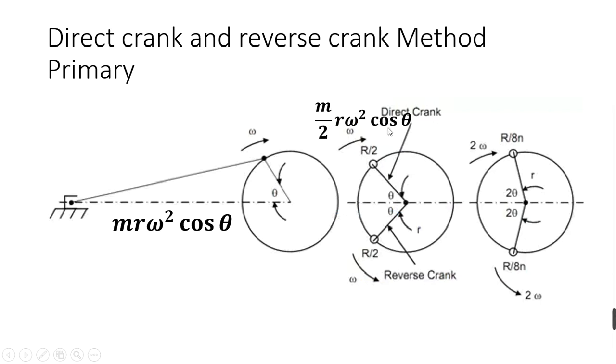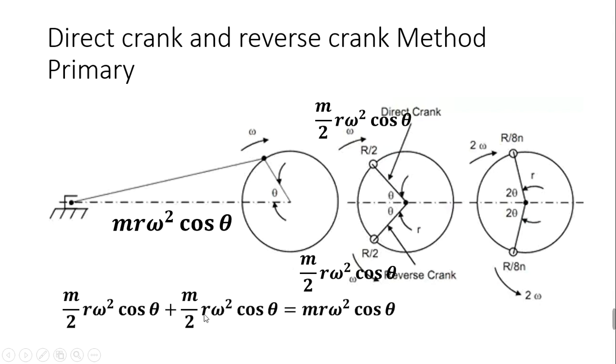That is due to half the reciprocating mass at the end of the primary direct crank, and due to the mass at the primary reverse crank, resolving along the line of stroke, you get m by 2 r omega square cos theta. And by summing these two components along the line of stroke, you will get m r omega square cos theta. Okay, so by assuming this mass at the direct crank and reverse crank, you get the total unbalanced force equal to m r omega square cos theta.